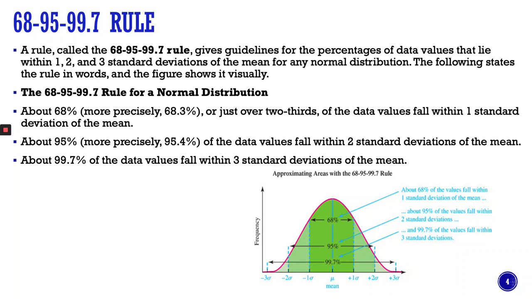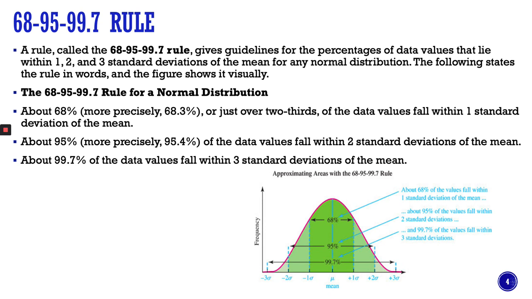A rule called 68, 95, 99.7 gives guidelines for the percentages of data values that lie within 1, 2, and 3 standard deviations of the mean for any normal distribution. The following states the rules in words, and the figure shows it visually. About 68%, more precisely 68.3%, or just over 2/3 of the data values fall within one standard deviation of the mean.